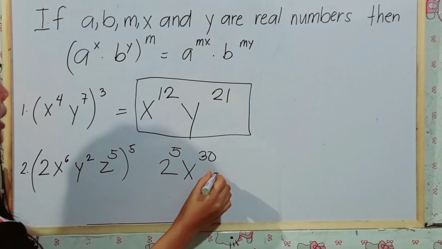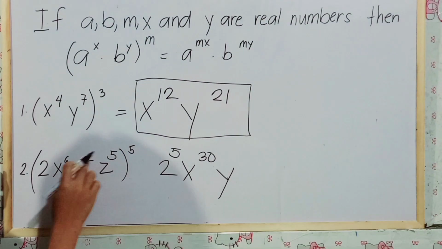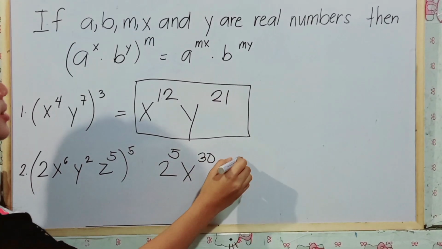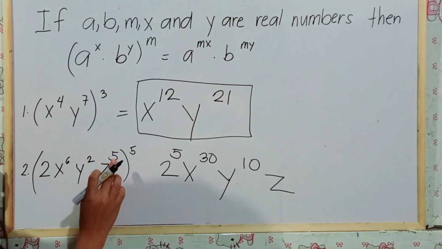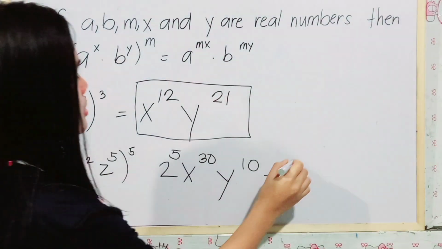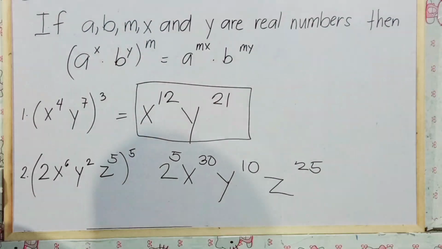And then copy y, multiply our exponent, 2 times 5 is 10. And then copy z. So z, 5 times 5 is 25.